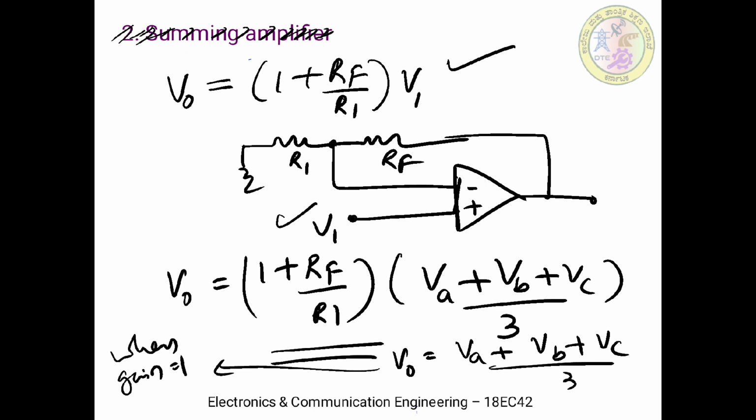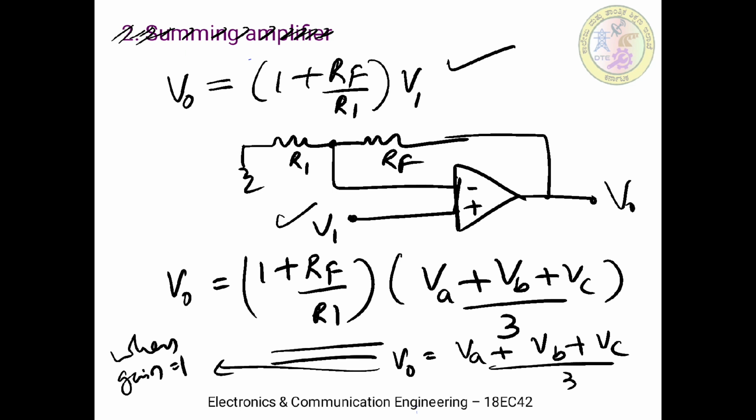In the inverting case, V0 itself is the average of the applied inputs, whereas in the non-inverting case, the input V1 is the average of all the inputs. Further, we can write V0 as gain multiplied by that average of the inputs. And if the gain is made equal to 1, then V0 will be equal to (VA plus VB plus VC) divided by the number of inputs. So this is with respect to the non-inverting configuration.